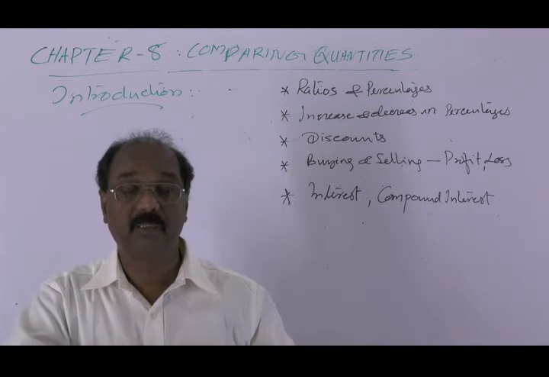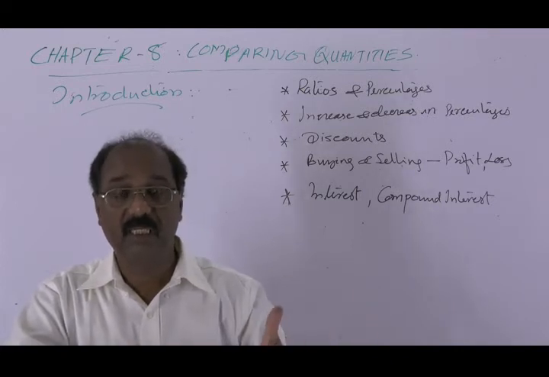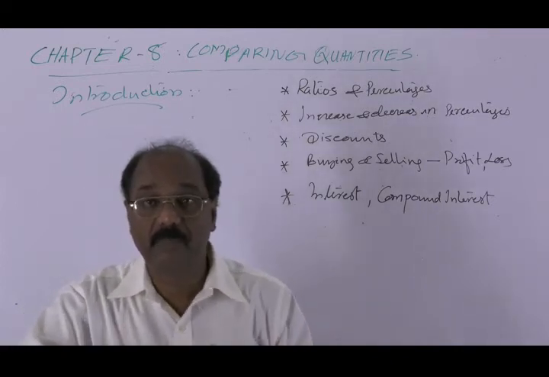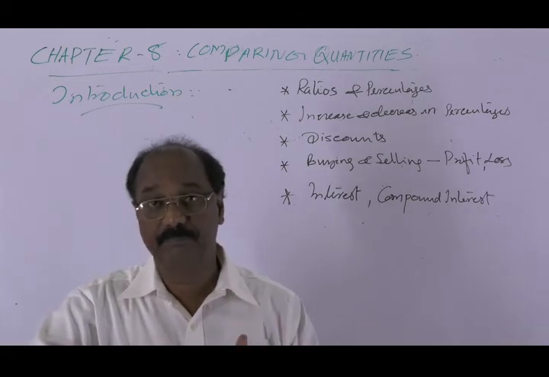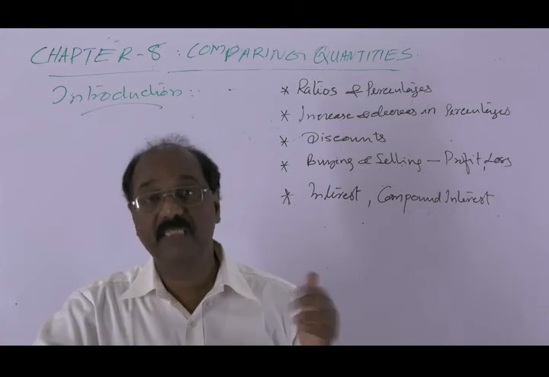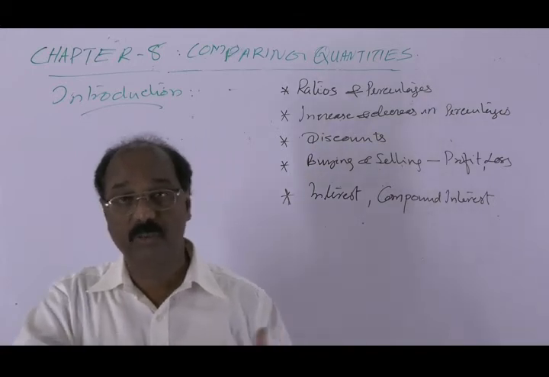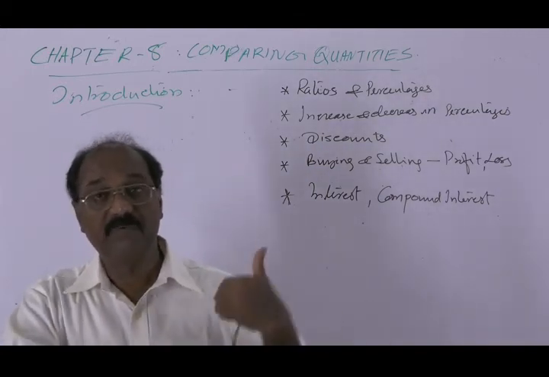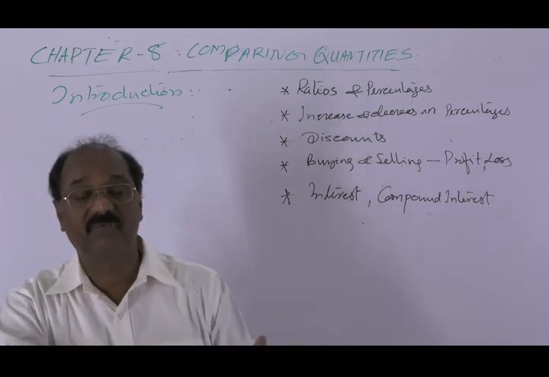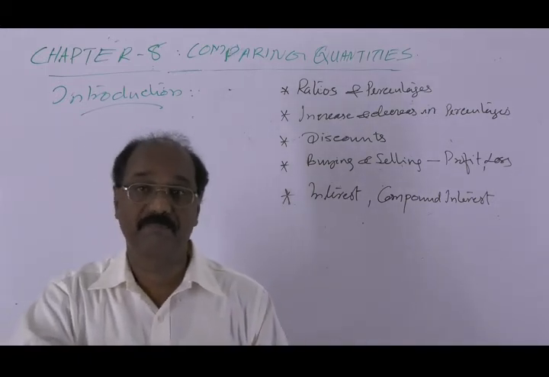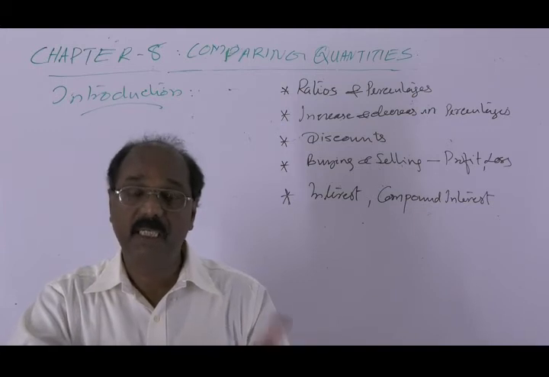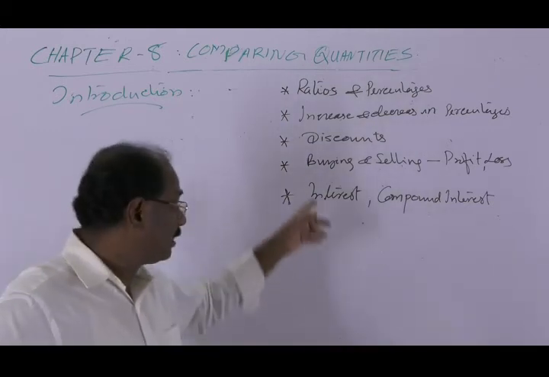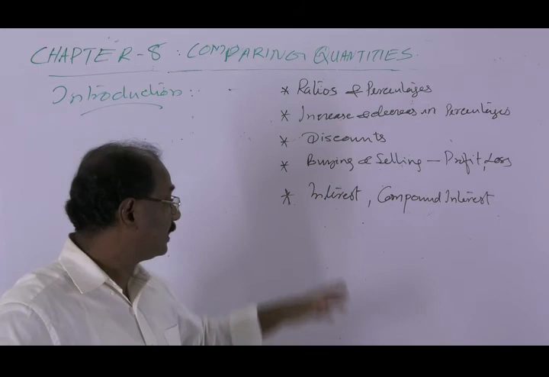Sometimes there are situations in which the dealer gets some loss. It may happen because of various reasons. So what is the loss? Or if profit, what is the amount of profit? What is the percentage amount of profit? All this will be discussed in that part, buying, selling, profit, loss, etc.